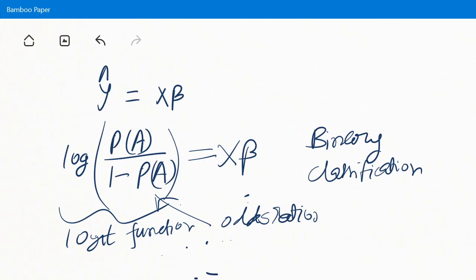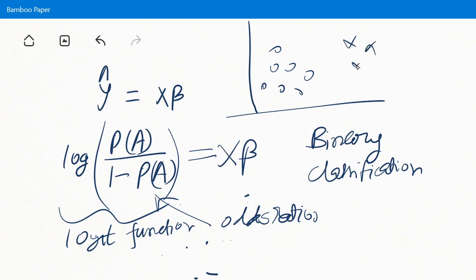So let's see how we can interpret it. Suppose we have two classes like this and like this.